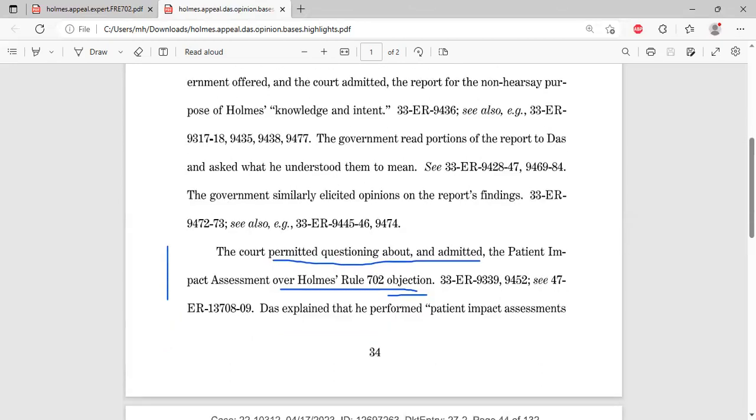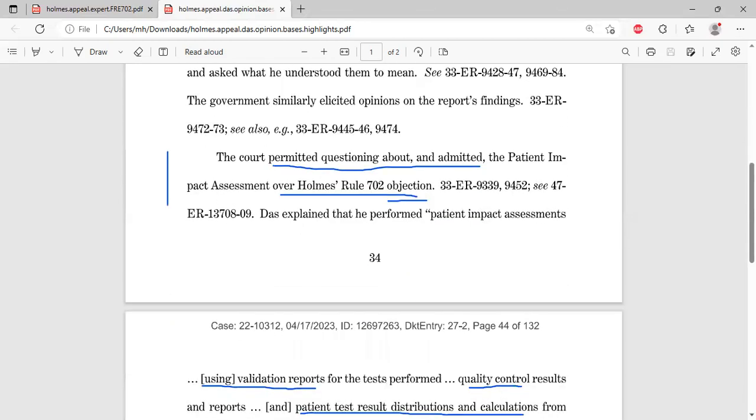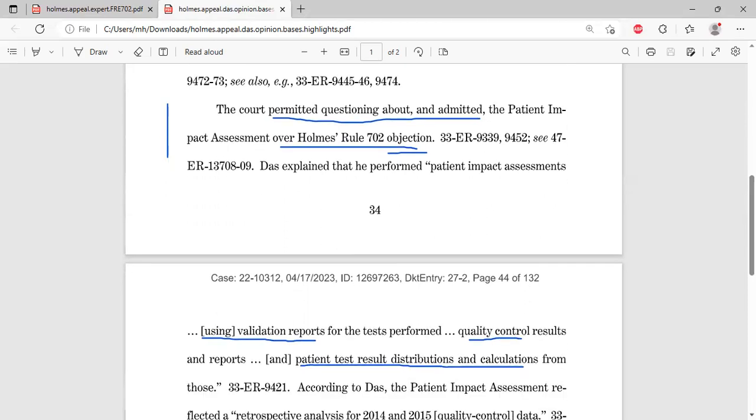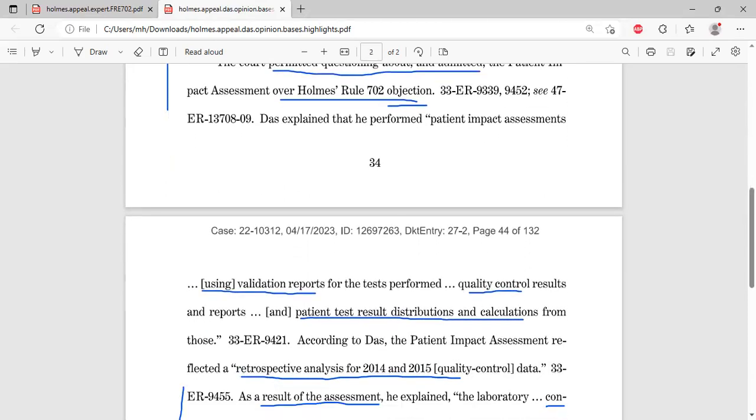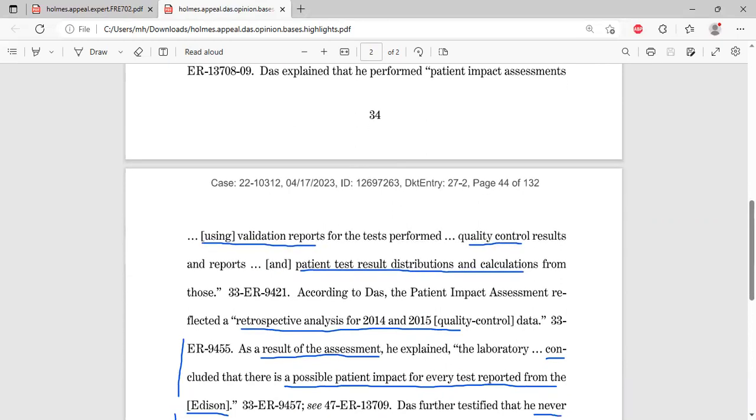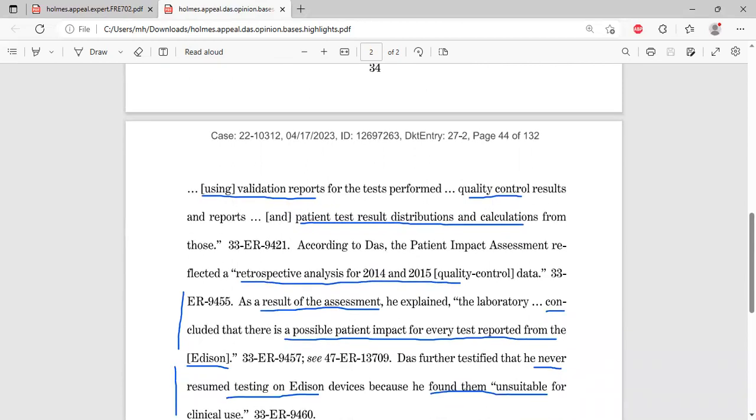Okay, so Doss explained that he performed, so this is the second analysis. The Six Sigma analysis was not allowed in as testimony, but he was allowed to testify. Doss was allowed to testify that he performed patient impact assessments using, and here's where the basis of his opinion is, validation reports, quality control results, and patient test result distributions and calculations.